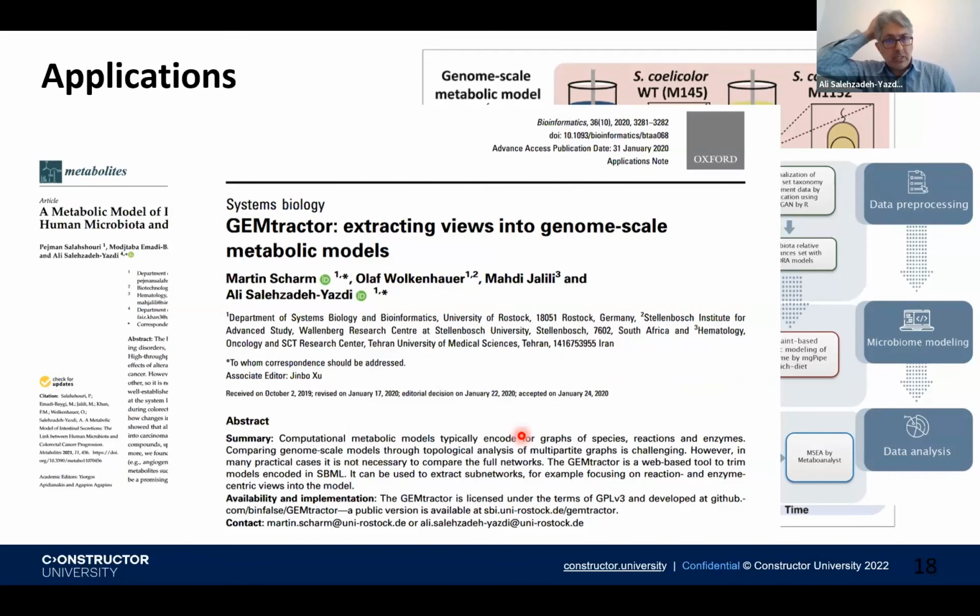So I told you there is still open room if you are thinking about a new idea to develop a new algorithm, or even there are not a lot of web-based tools for data integration in the genome-scale metabolic model. There are plenty of databases that you can use, like BiGG, that actually collected all developed genome-scale metabolic models of the organisms.